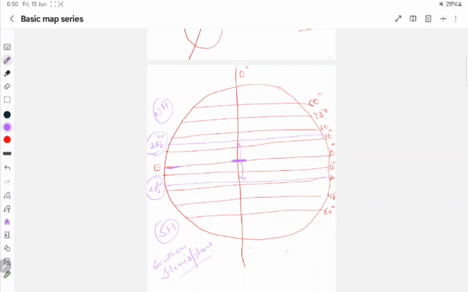Based on hemisphere we have northern latitudes and southern latitudes. So this becomes 23 and a half north latitude, and this becomes 23 and a half south latitude. The 23 and a half northern latitude is known as Tropic of Cancer, and this is known as Tropic of Capricorn.